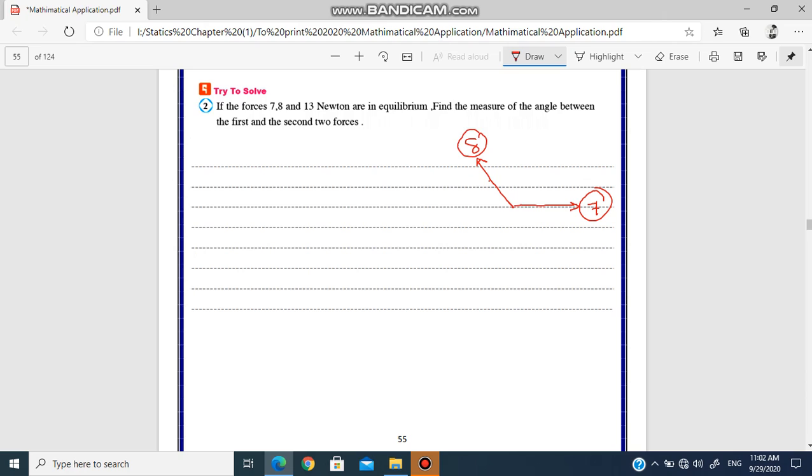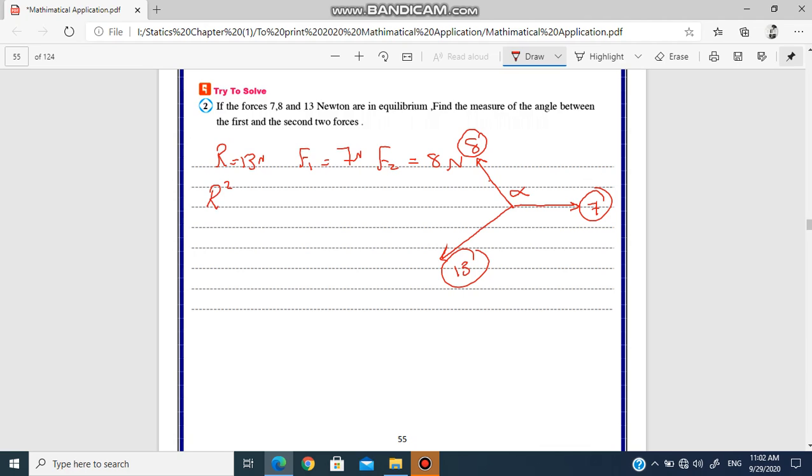The angle between them is alpha. The resultant of 7 and 8 equals 13 in magnitude and is opposite to the direction of 13. So R equals 13, F1 is 7, F2 equals 8 Newton, and alpha is unknown.